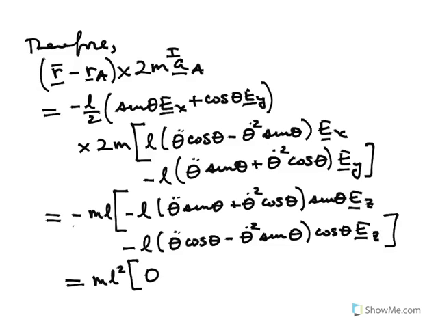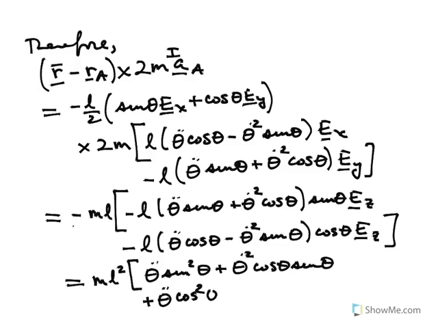We're left with theta double dot times the sine squared theta, and then we've got plus theta dot squared cosine of theta times the sine of theta, and then we've got plus theta double dot cosine squared theta, and then we have minus theta dot squared cosine of theta times the sine of theta, the whole thing multiplied by EZ.